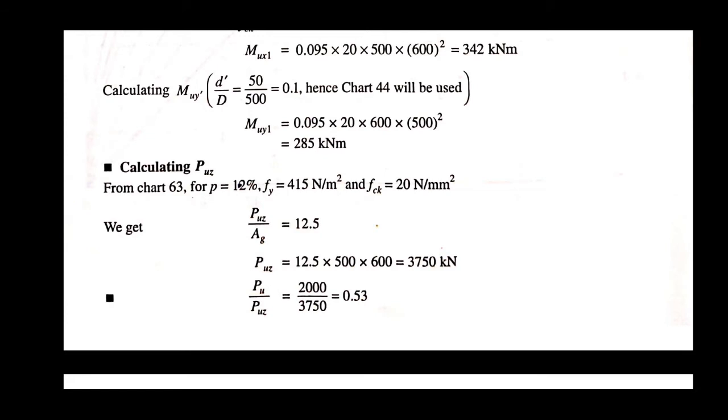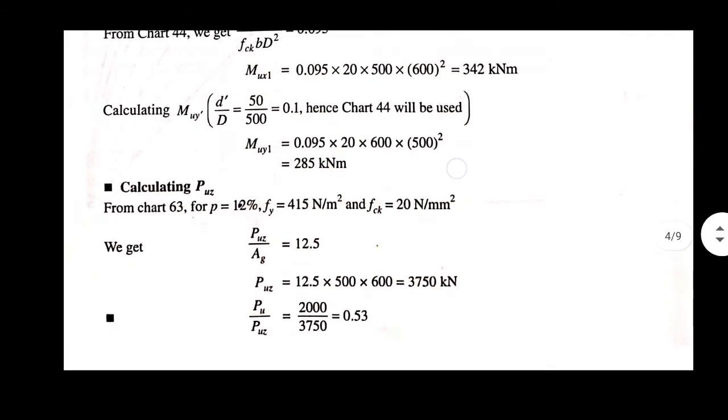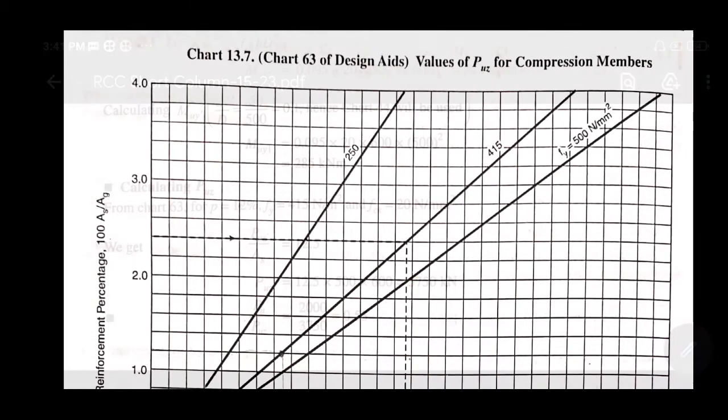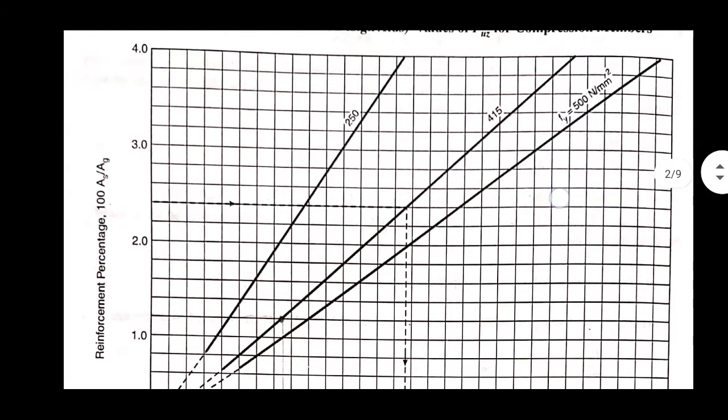So we can get the value of Puz by Ag from there. Let's check chart number 63. Here is chart number 63 of SP16. The value of Puz for a compression member may be calculated from here.